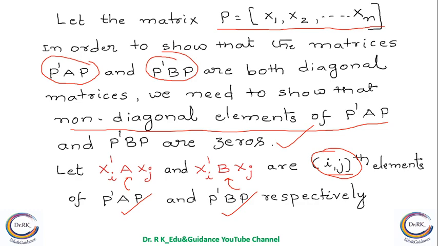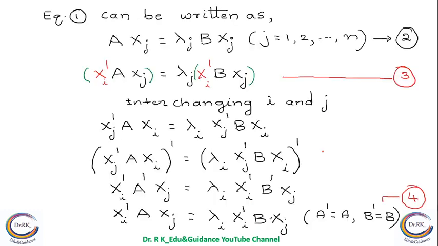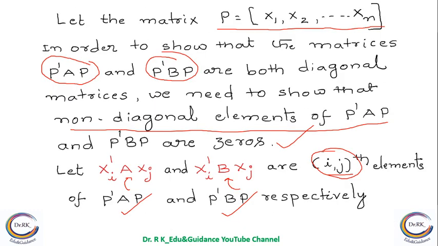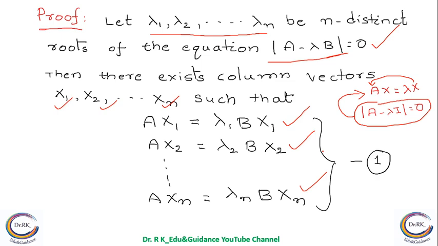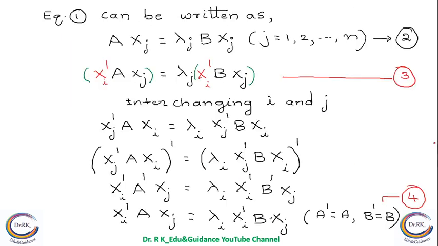Okay. Now, what we have written in the first one, this we can generalize, so that it can be generalized as A xj equals lambda j B xj. Now we multiply this equation by xi transpose.